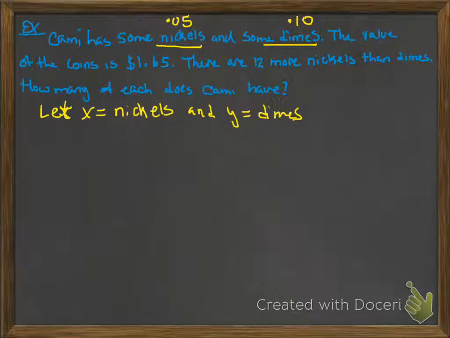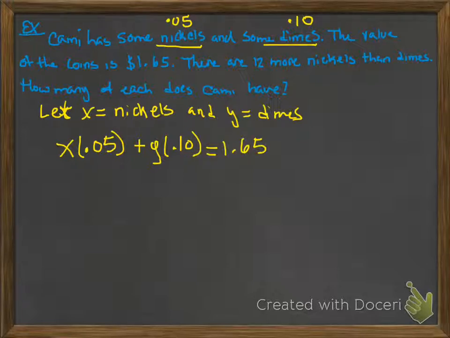So I know x times 0.05 plus y times 0.10 is equal to $1.65. That's equation 1. My other equation is there are 12 more nickels, so x, than dimes.